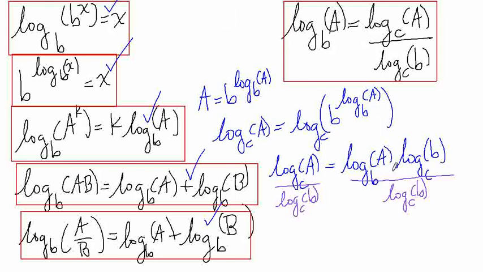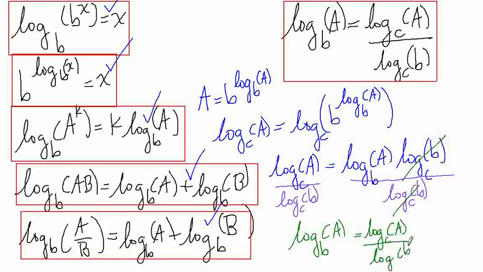We have some cancellation on the right side. So what's left over? We have the log of A to the base b left over, and that's equal to the ratio on the left side. Okay, and there you have it.